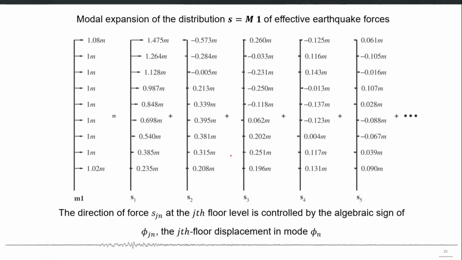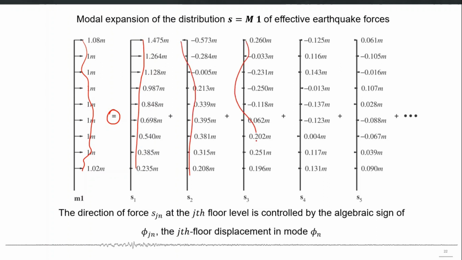Yeah, this one. So you have some vector which is representing the spatial distribution of forces, which can be any distribution. It is expanded, it is equal to a sum of mode shape distributions. So this is the first mode, then this is the second mode like this, then this is the third mode like this.